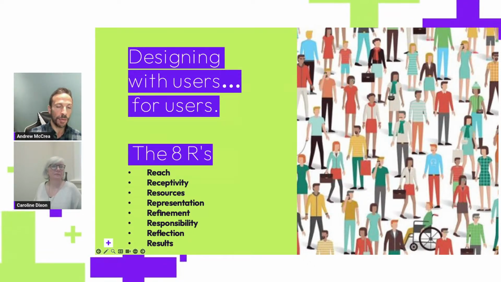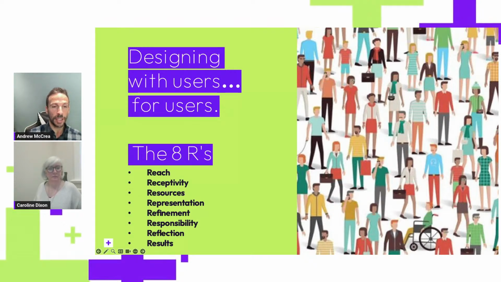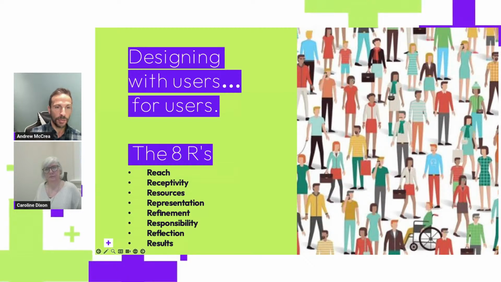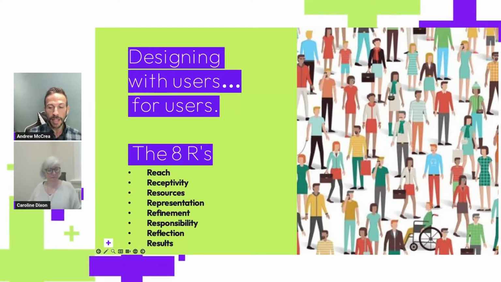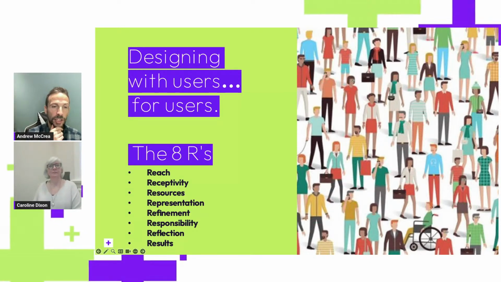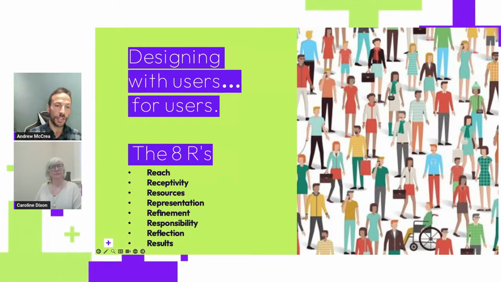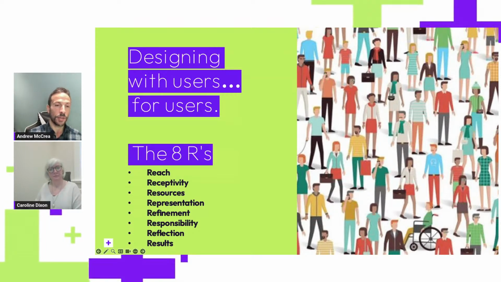How can I really refine this so that it is more usable, useful, accessible? Thinking back to that Venn diagram at the start for all of these people that I'm designing for. Then we also have responsibility. It is the responsibility of researchers and designers to make sure that this works and it's embedded within the organization and the product that you're designing for.